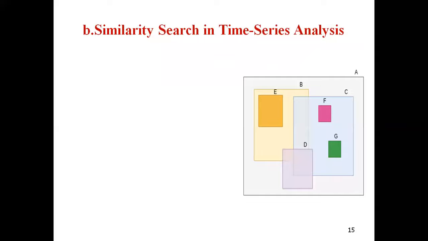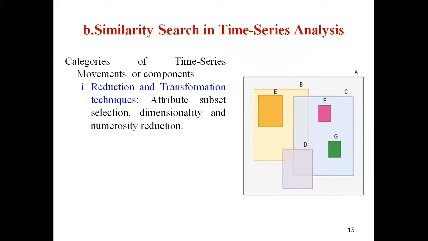And then similarity search in time series analysis. Here, what are the transformation techniques? Already you discussed attribute subset selection. For the attribute subset selection, you have forward and backward, that means you are choosing among the attributes. The forward method shows that first you select the important attribute, then the next important attribute.